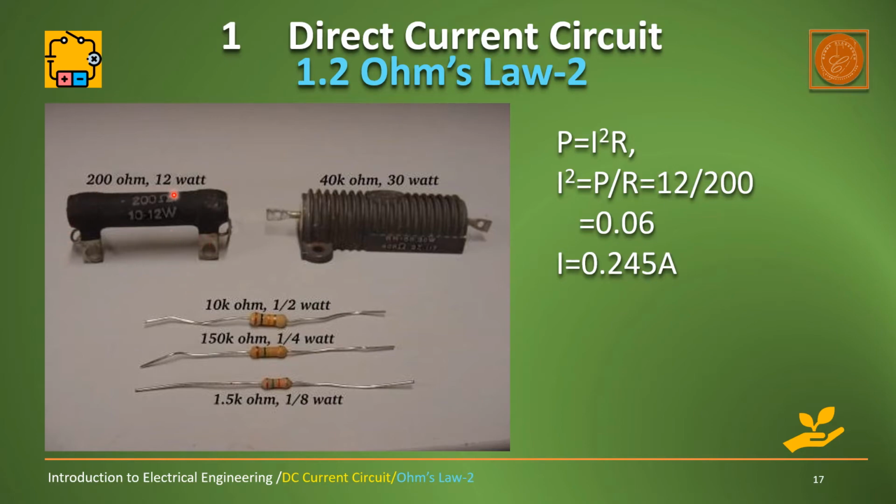The current passing through the resistor is the same value. The only difference is the current direction. If this leg connects to the power positive, the current will flow this way. Reversed, it is the same: the current passes through the resistor, goes through the other leg, and goes back to the power negative pole.